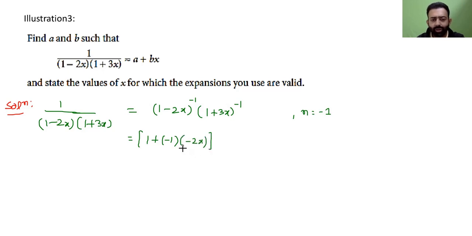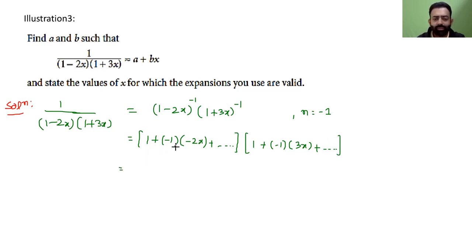This is the expansion of the first bracket, dot dot dot. For the second bracket it is 1 plus nx, where n is minus 1 and x is 3x, dot dot dot.